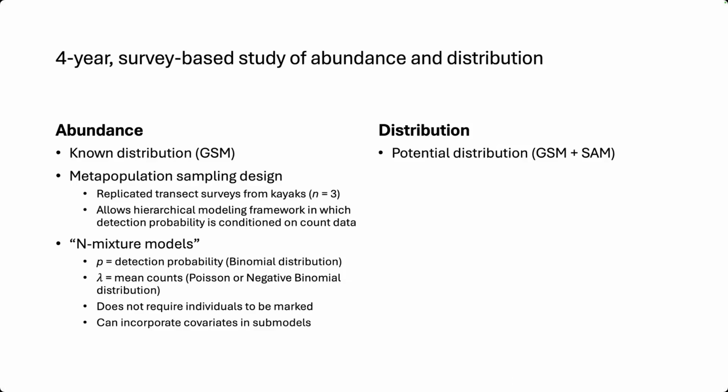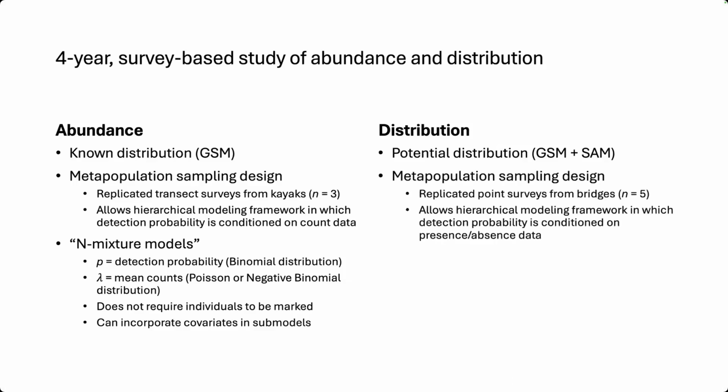So essentially the potential distribution. And what I'm hoping to convince you here is that this type of analysis is exactly the same as an N-mixture analysis, just incorporating different distributions and different types of input data. So once again, this is a metapopulation sampling design, where for our study, we replicated point surveys from bridges.